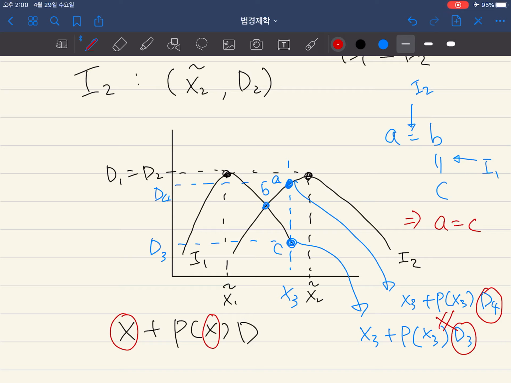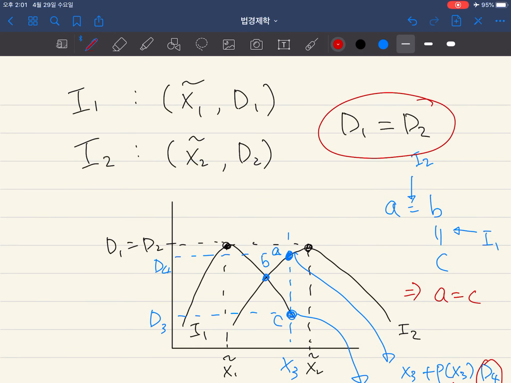So this cannot be true. In other words, D1 and D2 cannot be the same in the beginning, since we supposed they were. So when we choose two isocost curves, the maximum point cannot be the same; in particular, the value of D cannot be the same for the maximum.